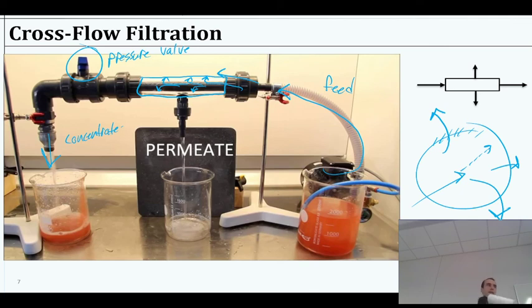You pressurize on the inside, force it on the outside. So there's a lot of interesting geometric manipulations that you can do with membranes in order to apply it in a particular way. But the same principle applies: you have water fed to the membrane, some water permeates, some water is rejected. It's just the plumbing of it all can look different, right?